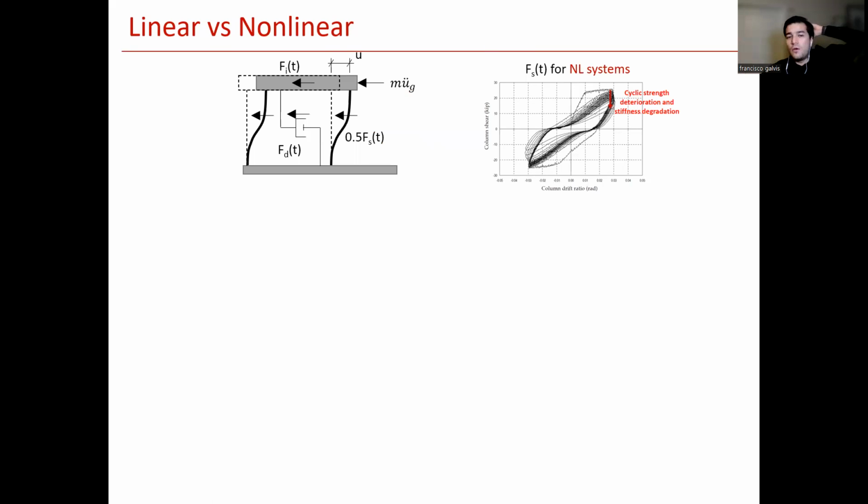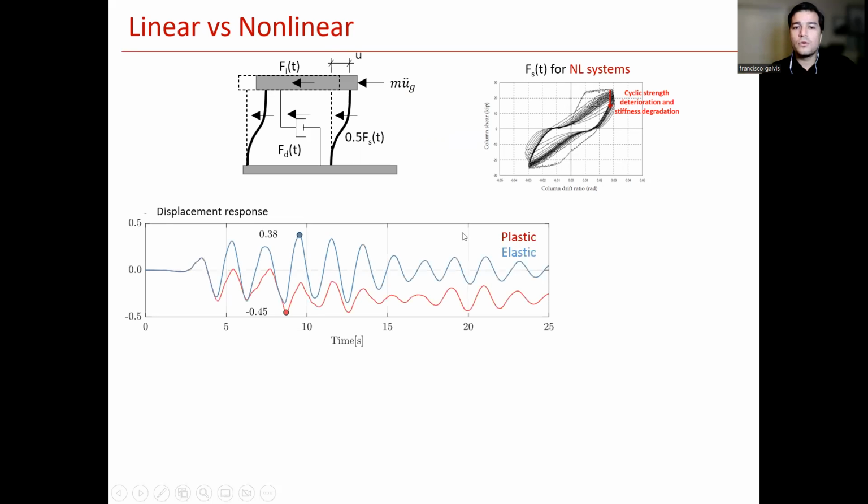There would be a point when the force is not proportional to the displacement anymore, because then you yield and you start having damage in the building, and you can have more intricate responses like cyclics, strength deterioration, stiffness degradation, and all that pinching behavior, all of those cyclic responses that just make the problem nonlinear, right?